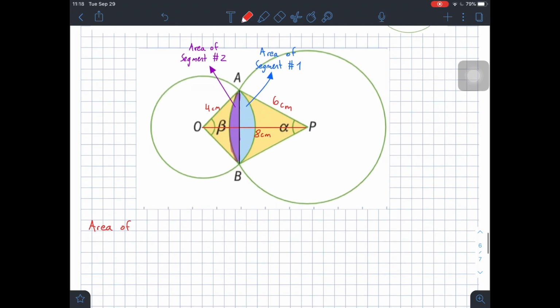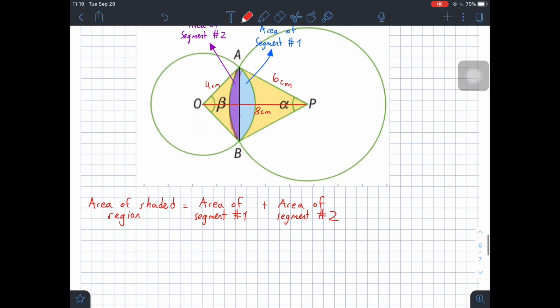So area of shaded region is equal to the area of segment number 1, which is this one over here, plus the area of segment number 2, which is the purple one over here, right? So that's what we need to do.